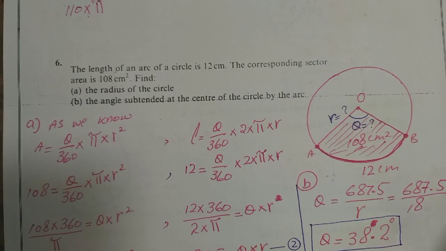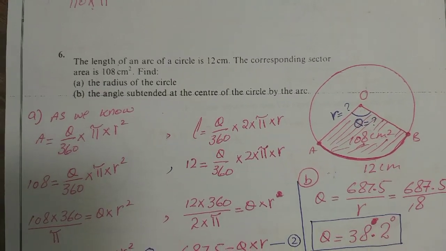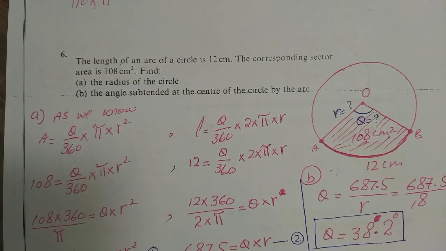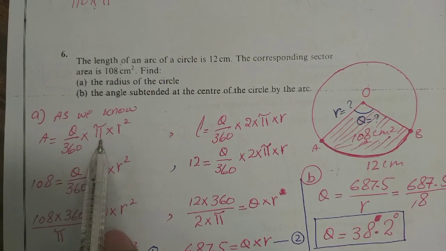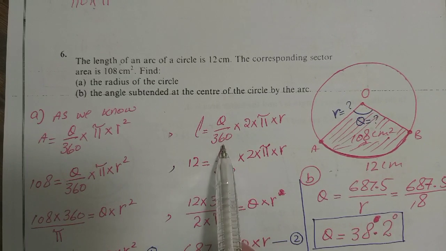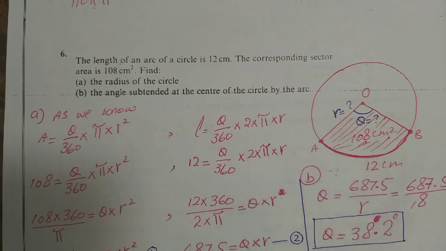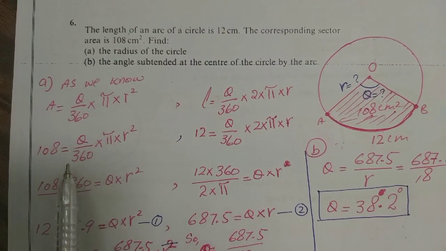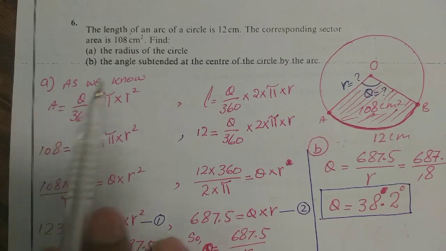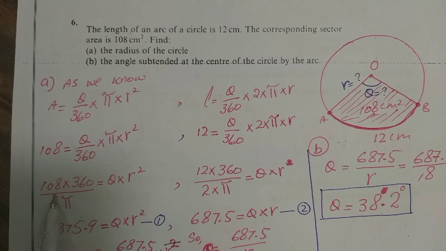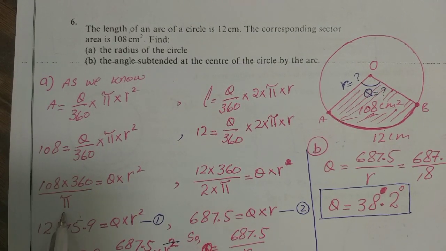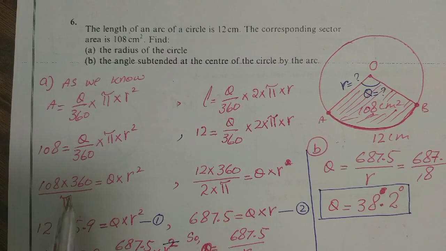As we know, area equals theta over 360 times pi r squared, and L equals theta over 360 times 2 pi r. So just replace the information in the formula. Area we are given is 108, so we simplify: division transfers to multiplication, and multiplication becomes division.